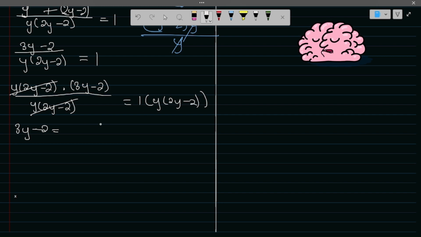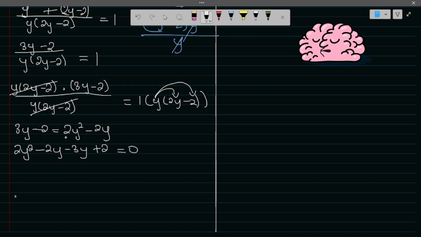Then we multiply the inside of the bracket by y, which is going to be 2y squared minus 2y. While multiplying, everything stays the same. So now we're going to have 2y squared minus 2y minus 3y plus 2 equals 0, because if this 2 goes over the equal sign, it's going to be positive, and this 3y is going to be negative.